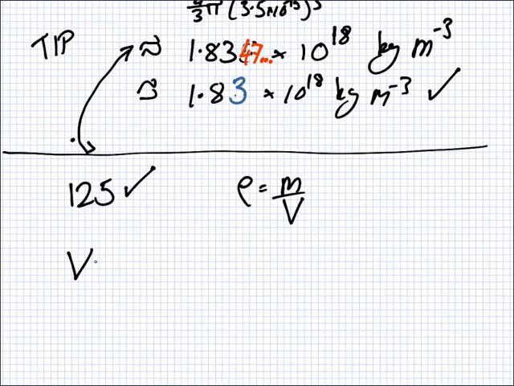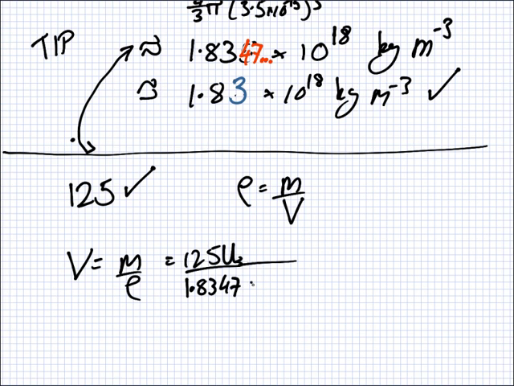The maximum diameter, yeah. So volume is mass over density, which is 125 AMU over 1.8347 dot dot dot dot times 10 to the 18. Now the volume is 4 over 3 pi r cubed, right?